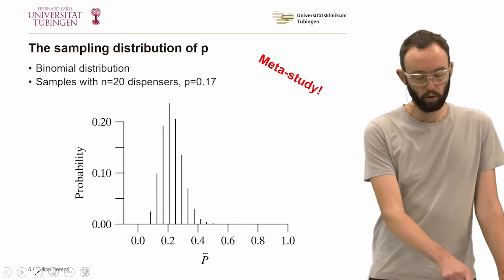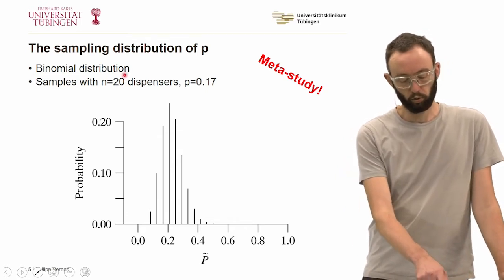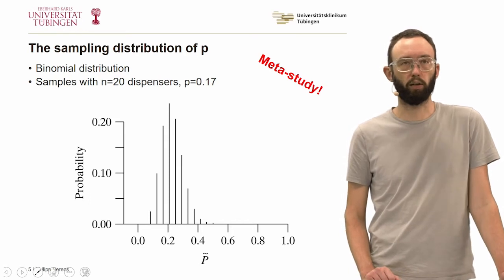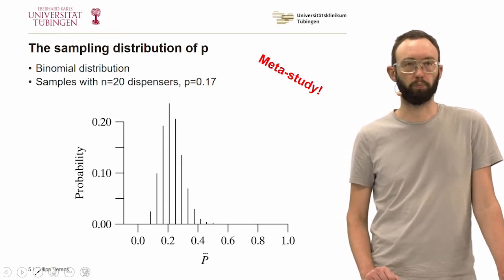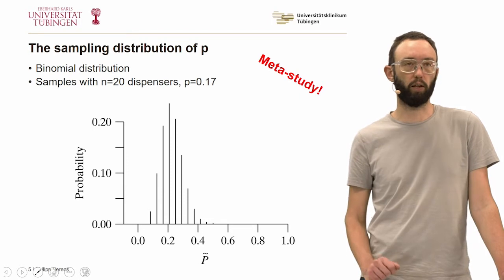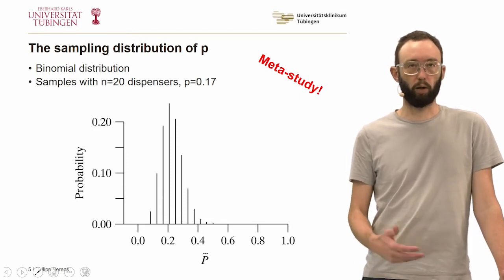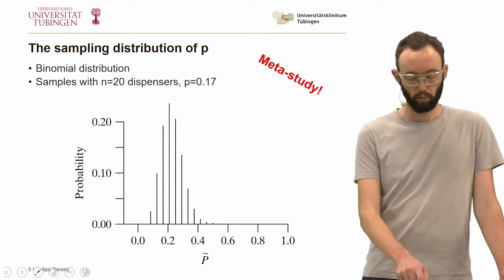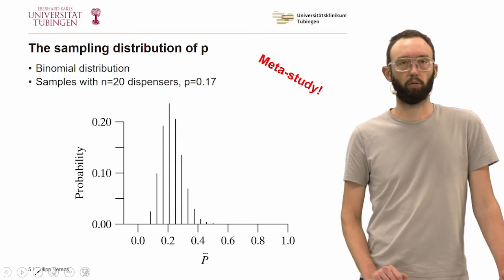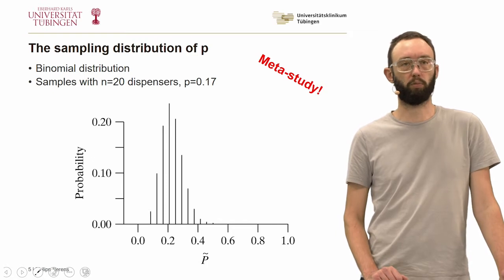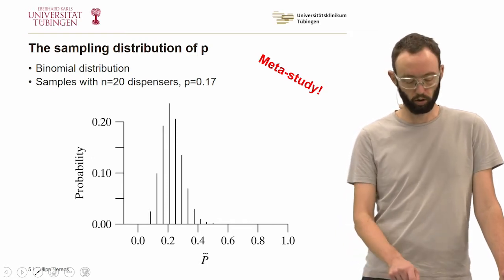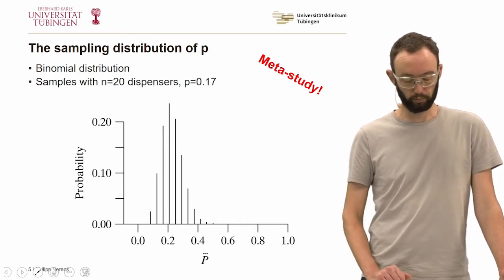One can show that the sampling distribution in the case of dichotomous data is in fact a binomial distribution. If we, say, have samples with 20 dispensers and a probability of 17%, then our sampling distribution might look like this.